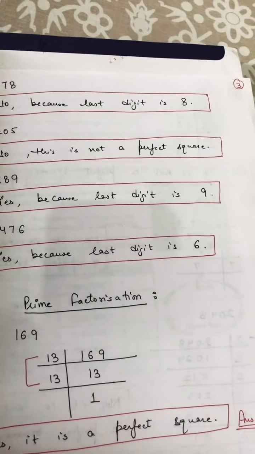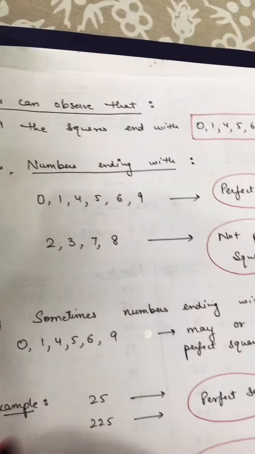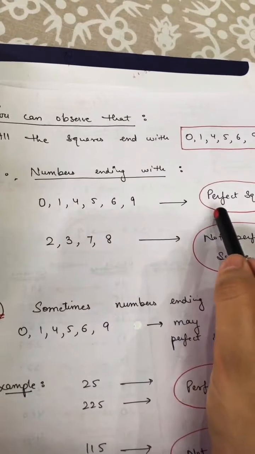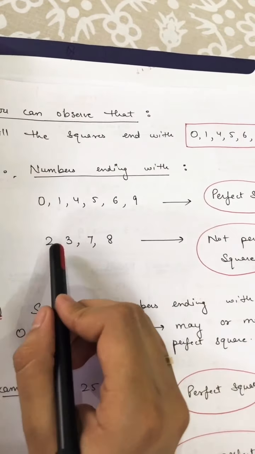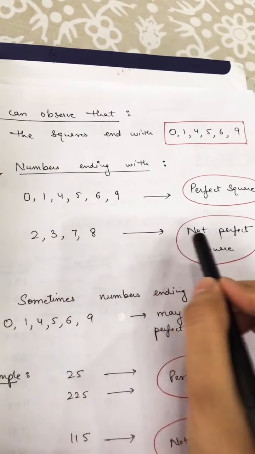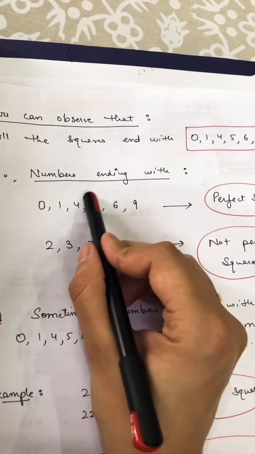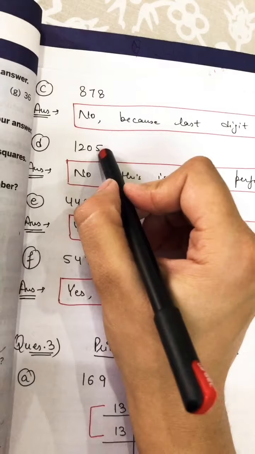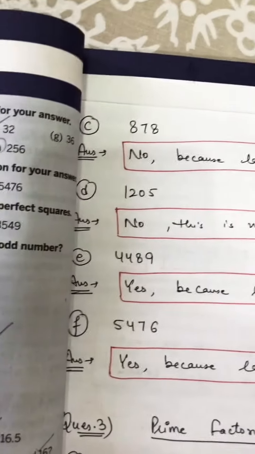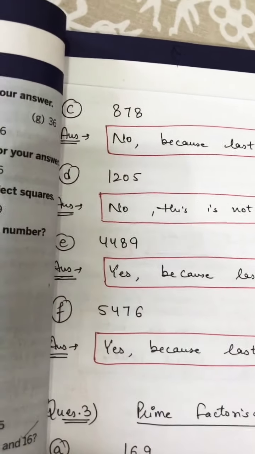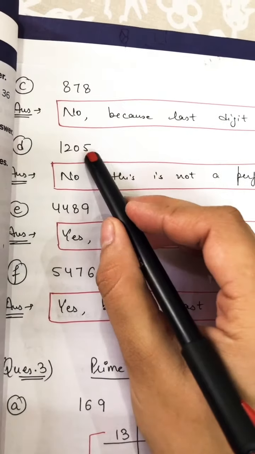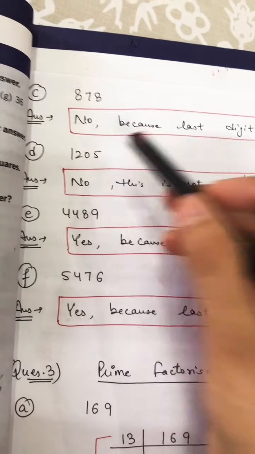So I am again telling you that if the last digits are these, then it is a perfect square. If the last digits are these, then it is not a perfect square. Only in the case of 5, when the last digit is 5, you have to check with the LCM method whether it is a perfect square or not, because sometimes the rule fails when the last digit is 5.